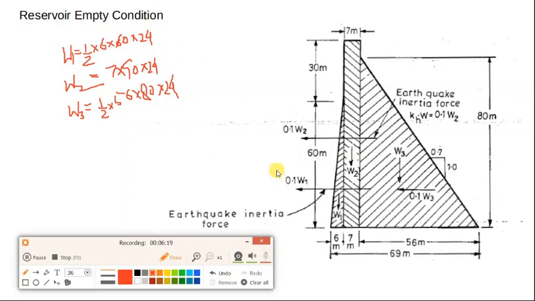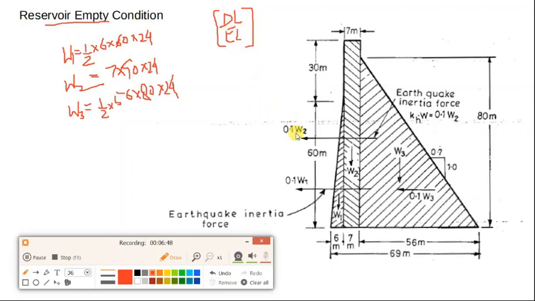Now remember, in the reservoir empty condition, the forces acting on this dam will be only dead load and earthquake load. There will be no water pressure and no uplift pressure because there is no water. In order to calculate the stresses, we have to consider the worst case.